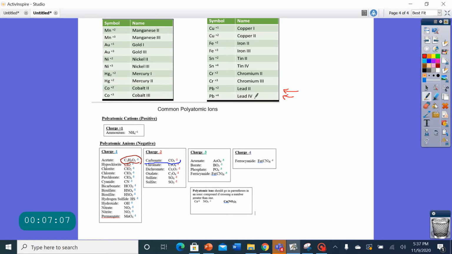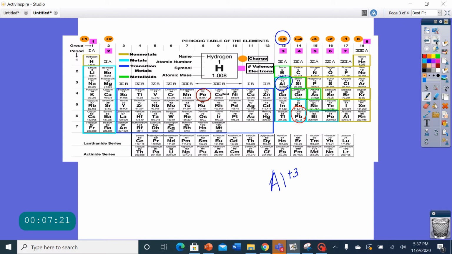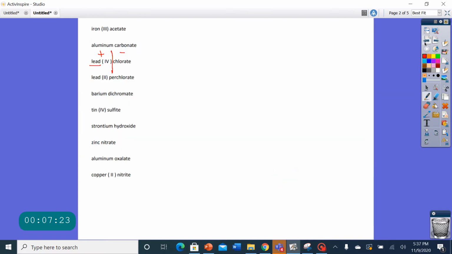Here's lead 2 and lead 4. So it tells me if it's lead 2, it's going to be Pb positive 2, and lead 4 is Pb positive 4. So we know it's lead 4. So there's my symbol with oxidation number.